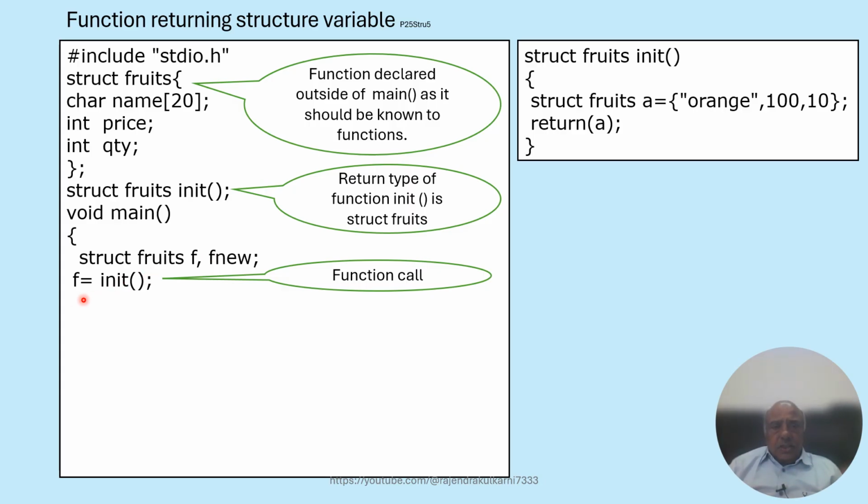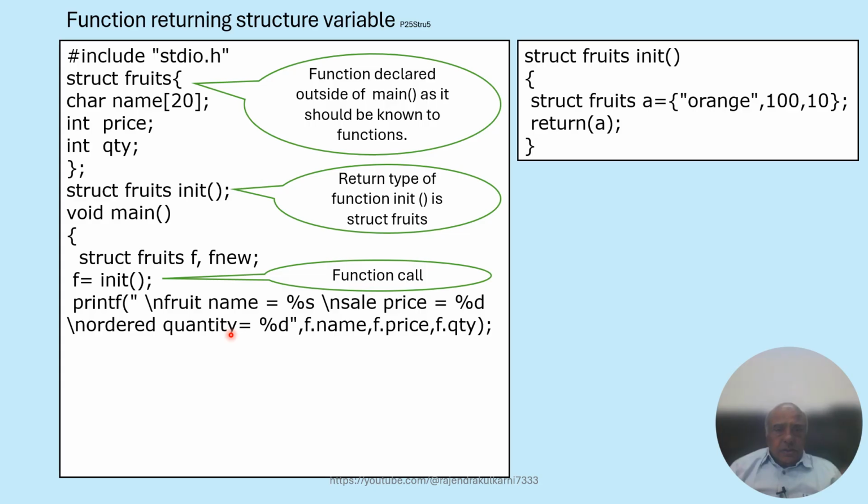So what this function call does is it initializes a variable of type struct fruits, and that variable is passed to the calling function and assigned to a variable named f of type struct fruits in the main. Then this printf statement simply displays whatever values have been entered.